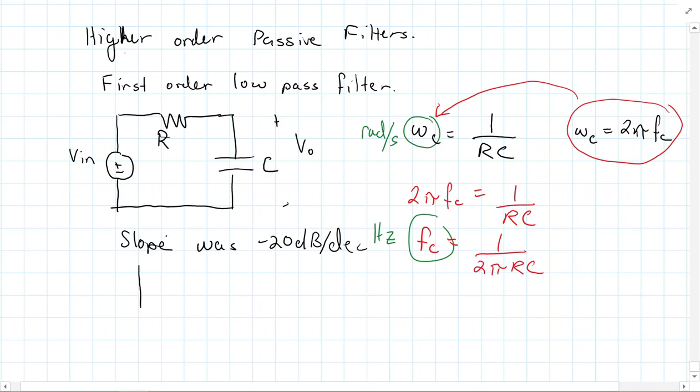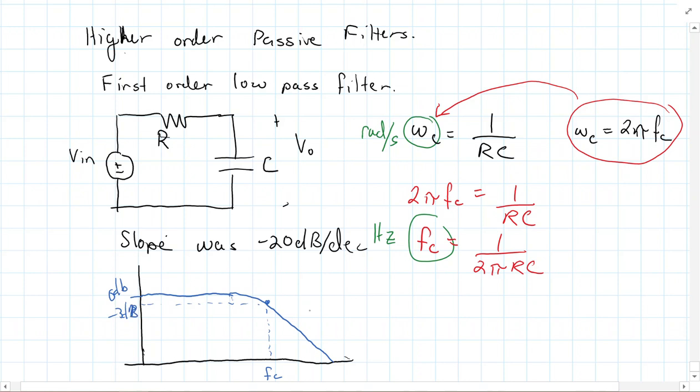So if we were to draw the graph of this, this would maybe be my cutoff frequency here, 0 dB, and then this would correspond to minus 3 dB. And then of course this slope here is minus 20 decibels per decade.